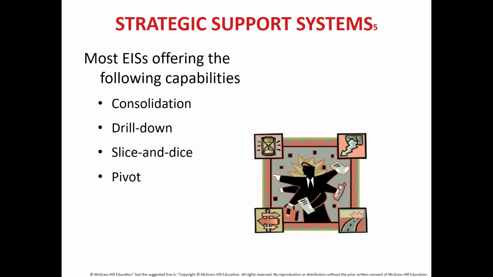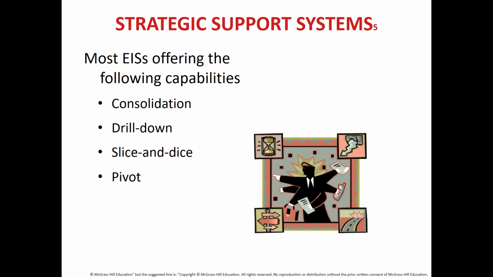Next bullet point, you have drill down. This is also one of the capabilities of executive information systems. Drill down enables users to get details and details of details. Let me repeat that.